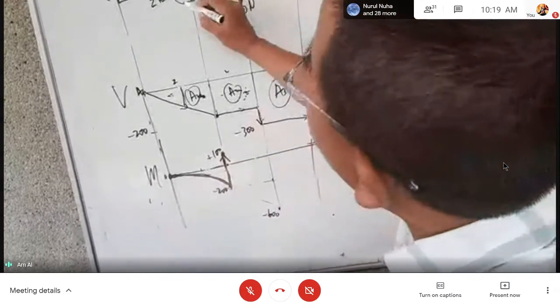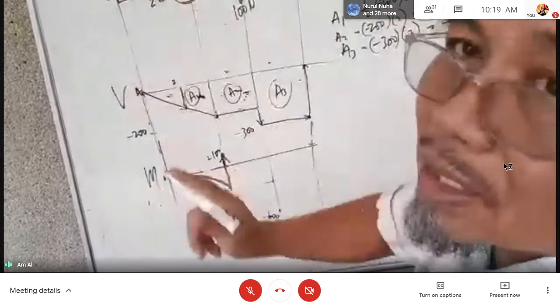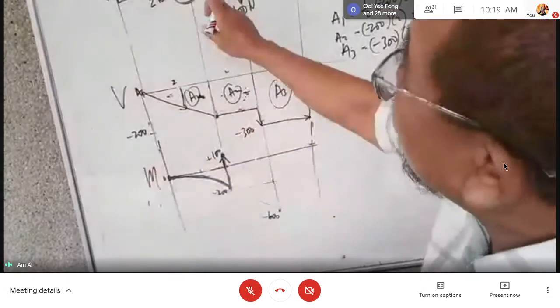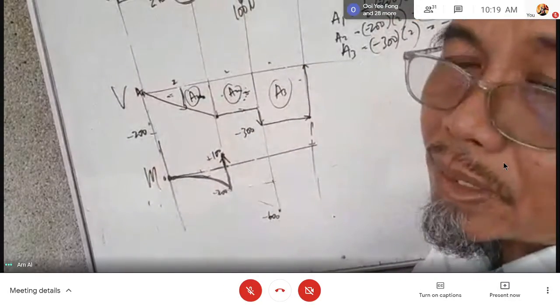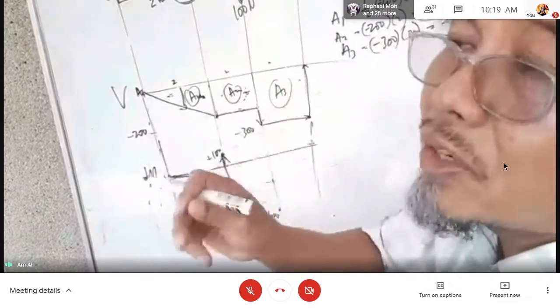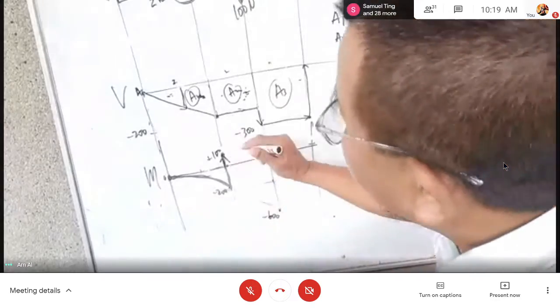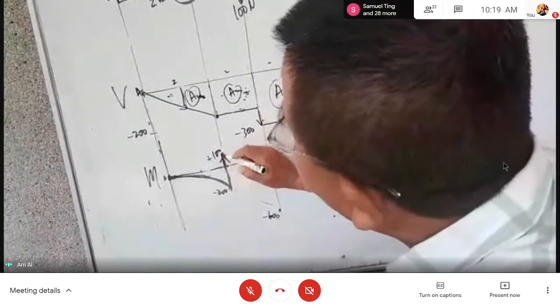So there's a positive moment there. Jump. The sign convention says clockwise, go up. Clockwise here, the graph must go up. Sign convention means the whole world is choosing that sign convention. Clockwise, go up. Okay? So 100 there.